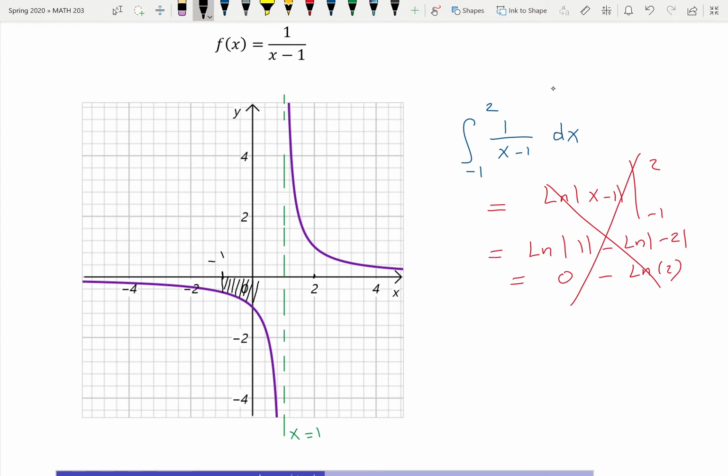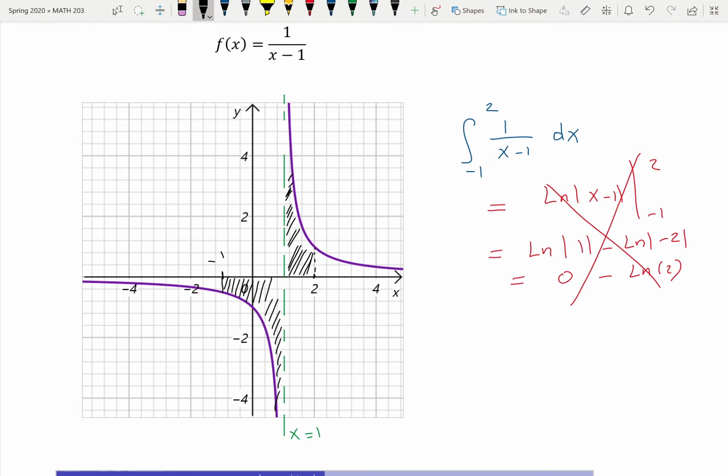See this area right here? This is going to keep going up to this line, and this is going to keep going up. So it looks like I have two unbounded regions that I'm trying to find their area.